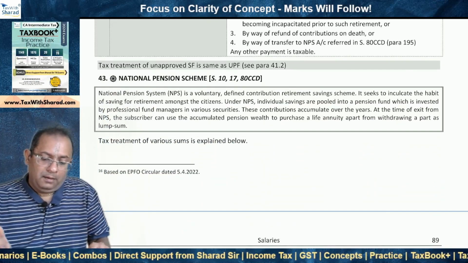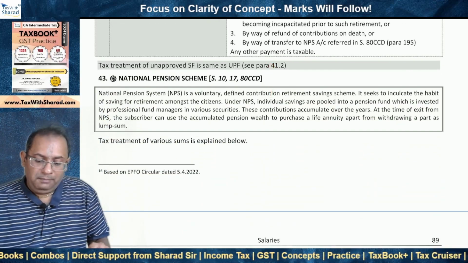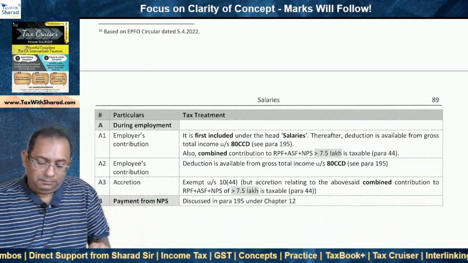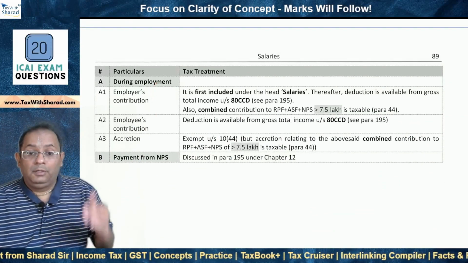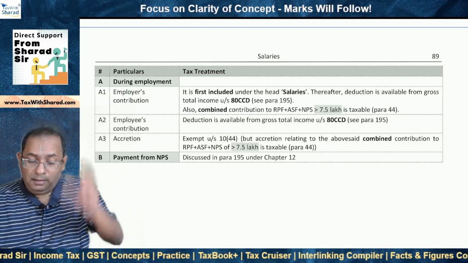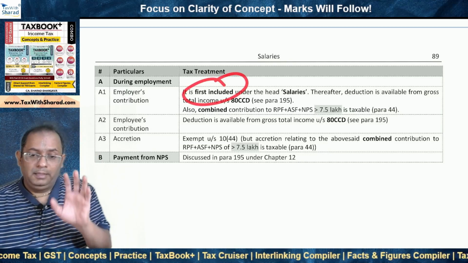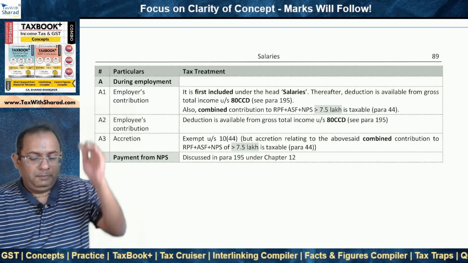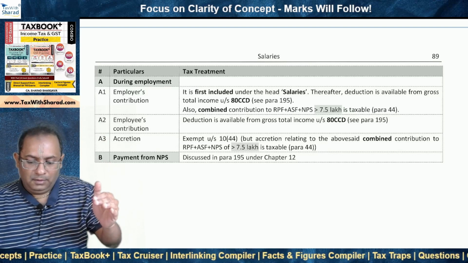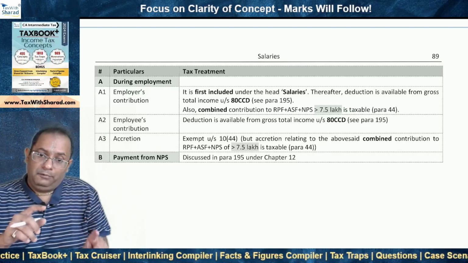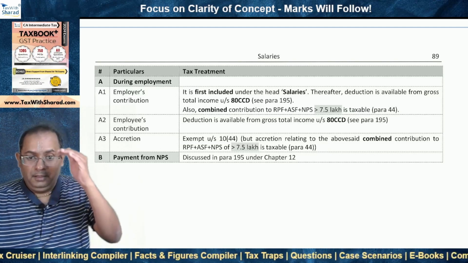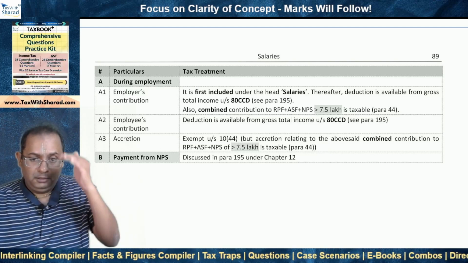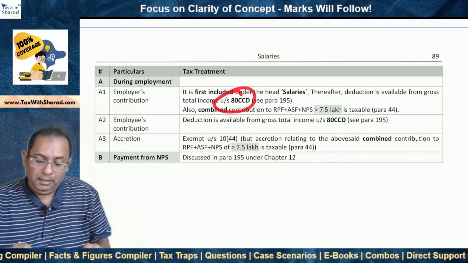Okay. Similarly, national pension scheme. Employees' contribution, the entire contribution is first included under the head salaries. So it becomes part of the head salaries. And thereafter, when we arrive at the stage of computing gross total income, and then we are giving deductions on the gross total income under chapter VIA, there is section 80CCD.